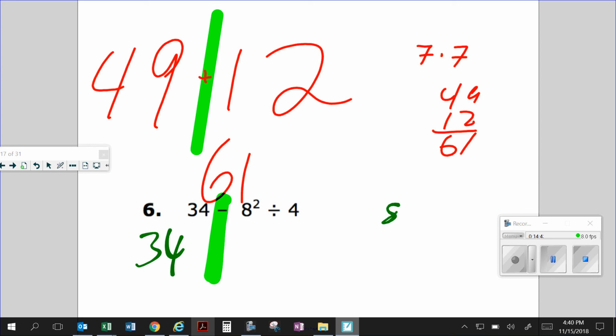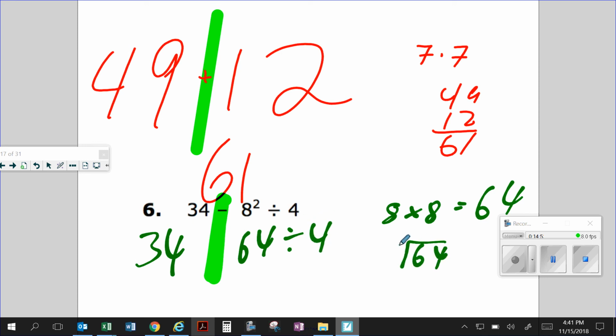Oh, 8 is a factor, it repeats twice. What is 8 times 8? 64. And what is 64 divided into 4 groups? 4 goes into 6 one time. 4 goes into 24 6 times. So it's 16. So the left term is equivalent to 34. The right term is equivalent to 16.